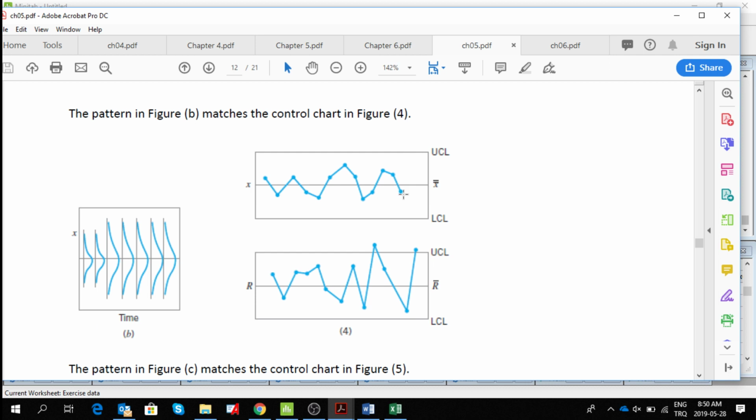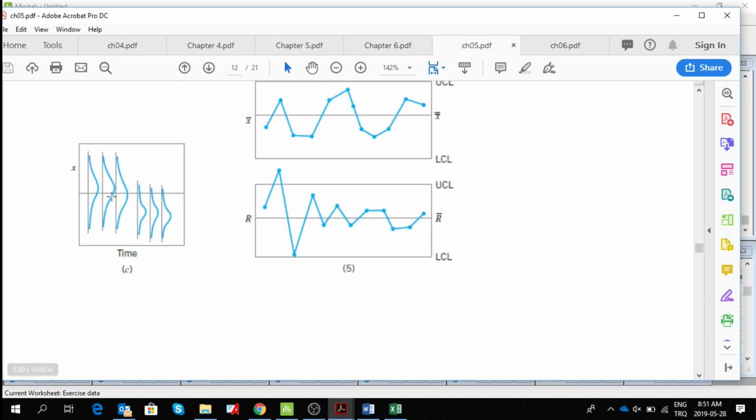The mean didn't change, so the X chart stays the same, within control limits, and goes along the data set, staying along the x-axis. On the other hand, for the R chart, after some point you see these high peaks and lows, which shows that the variance is changing. So therefore the answer is going to be 4.